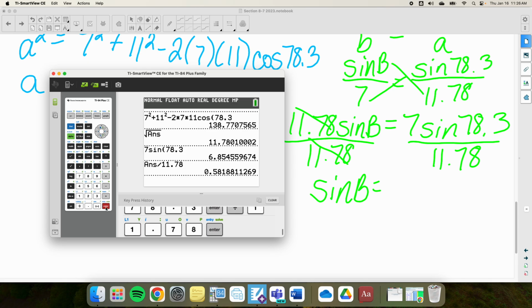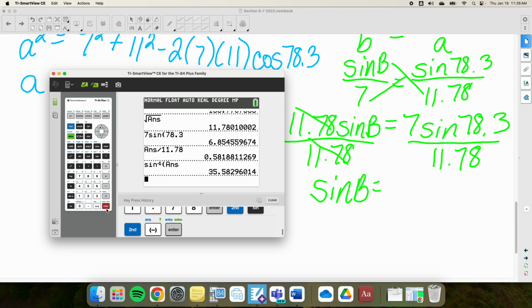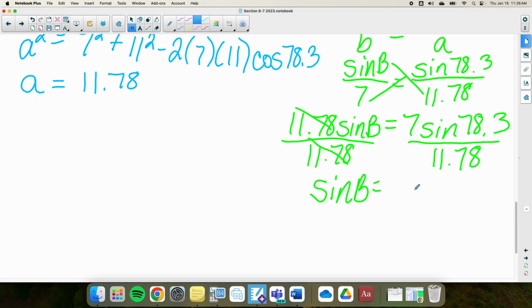And then we're looking for the angle, so you go second sine, second answer, and it's 35.58. Okay, is that what you got? Yes. Okay, 35.58, and I'm going to change this because I didn't write down the sine. So this is actually the measure of angle B.